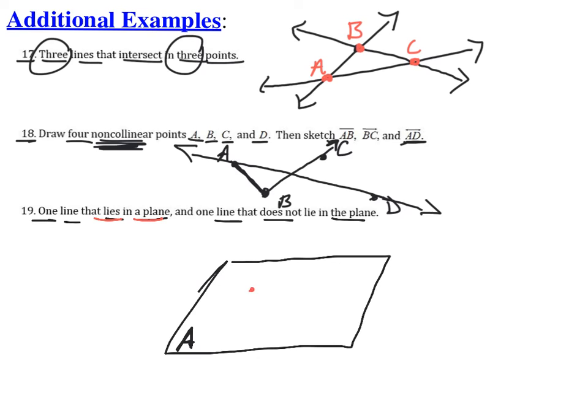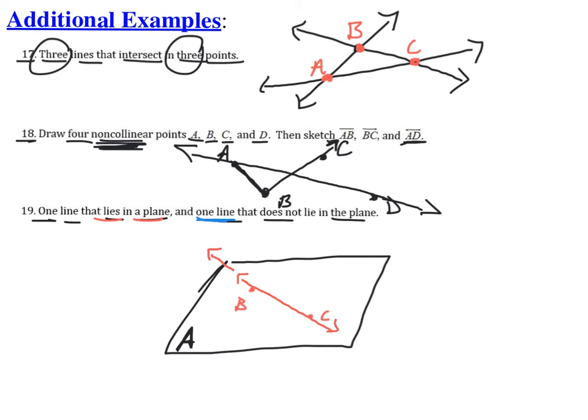So let's say here are my 2 points that make up that line, B and C. And I want to show that this whole line is clearly in the plane. Now you might be thinking, well, if you draw an arrowhead here, doesn't that mean that this line is going to continue outside the plane? Well, remember, the plane continues and extends without end, much like the line.